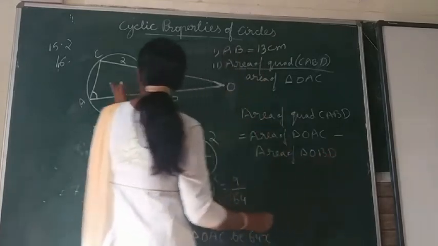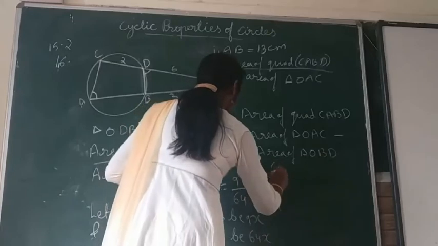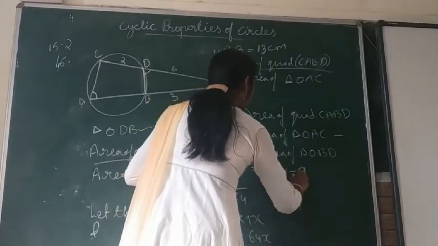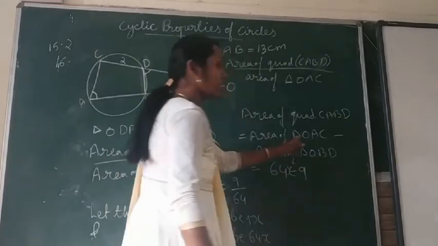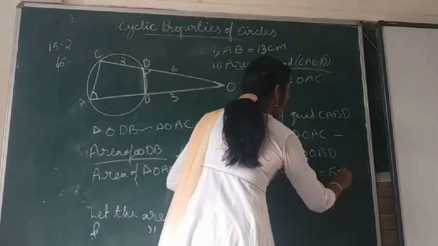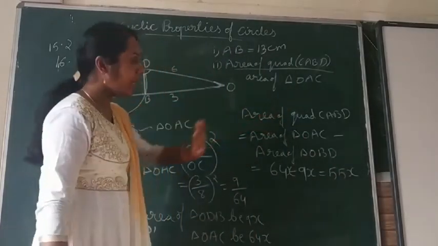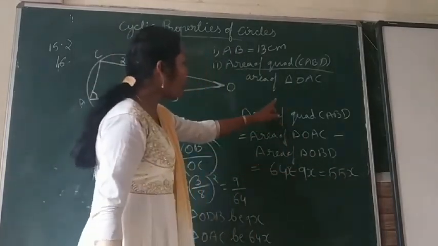Bigger triangle minus smaller triangle is equal to 64x minus 9x, which is equal to 55x.